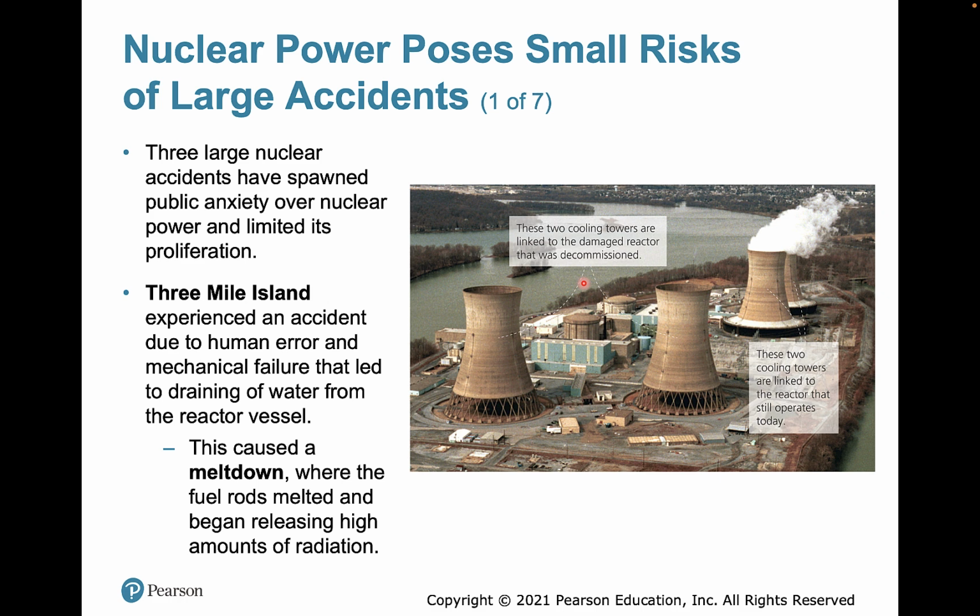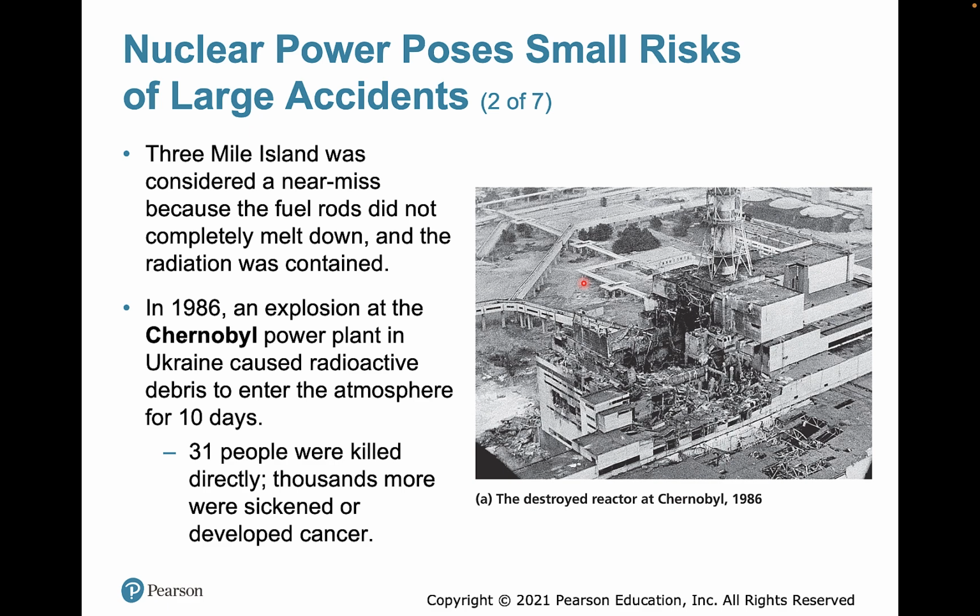That fission reaction was not controlled, was not moderated. So it went a little crazy. And we'll give an example when we do our key points of what that actually looks like. Three Mile Island didn't cause a full meltdown. The radiation was contained.